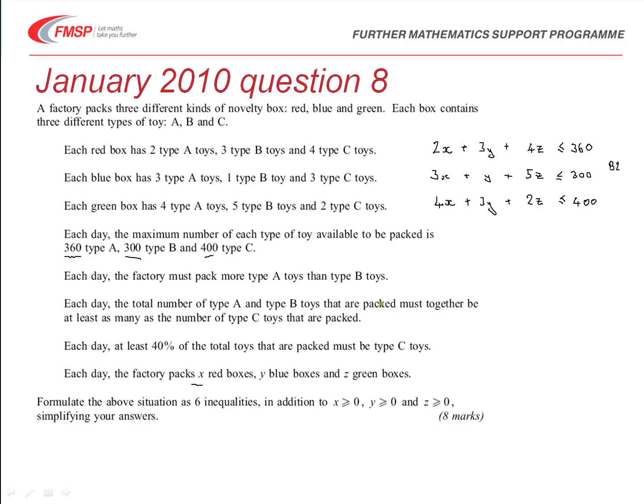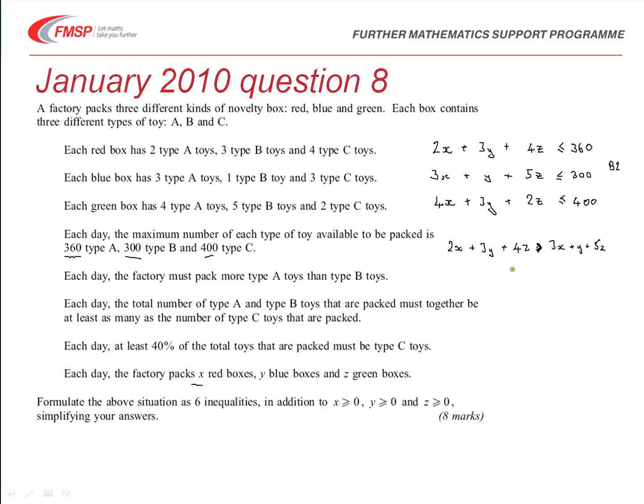Moving on to the next one, it says that there are more type A than type B toys. Remember, the type A toys we stated was 2X plus 3Y plus 4Z was the total number, and so that's got to be more than, so it's not greater than or equal to, it's just greater than the type B toys, which is 3X plus Y plus 5Z.